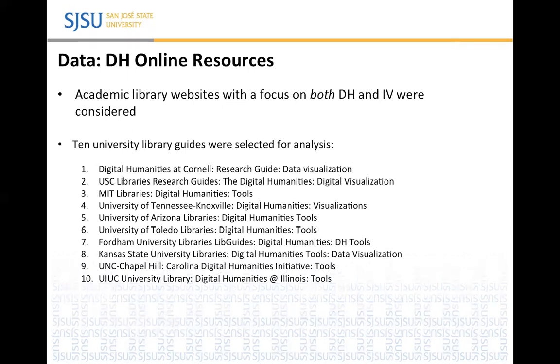So as a result, 10 university library guides were selected for analysis, including the Digital Humanities at Cornell Research Guide, USC Libraries Research Guides, MIT Libraries Digital Humanities, University of Tennessee Knoxville Digital Humanities, U of Arizona Libraries Digital Humanities Tool, University of Toledo Libraries Digital Humanities Tools, Fordham University Libraries Guides, Kansas State University Libraries, UNC Chapel Hill Carolina Digital Humanities Initiative, and finally, the UIUC University Library.